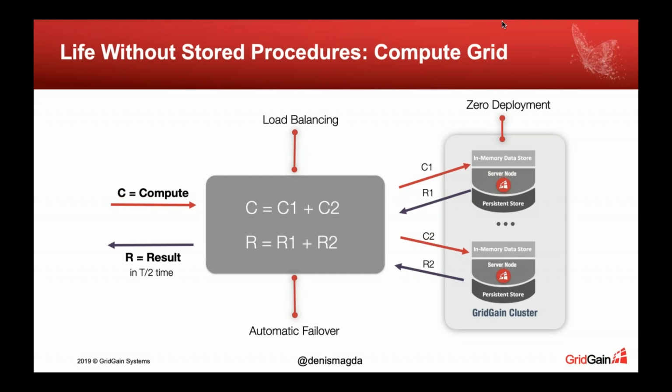Let me give you a really quick example. One of the Ignite users, a large bank, was accelerating an Oracle database, and they were storing millions of savings accounts in that Oracle database. Once a month, they needed to traverse all of those savings accounts, do some calculations, and apply a final interest rate.